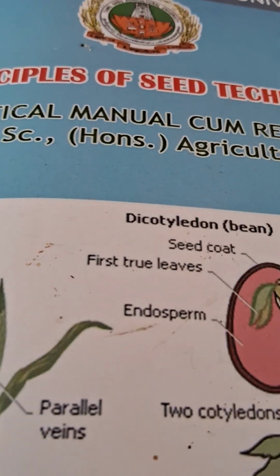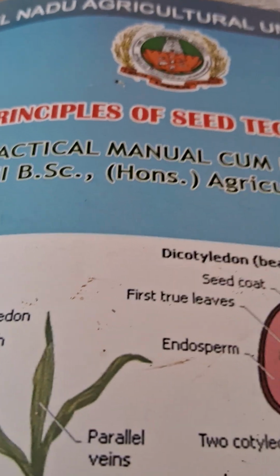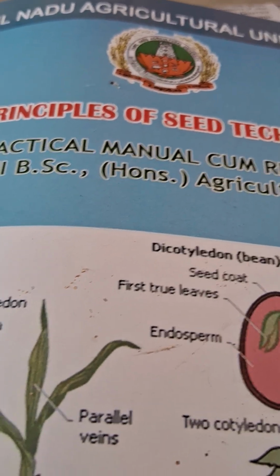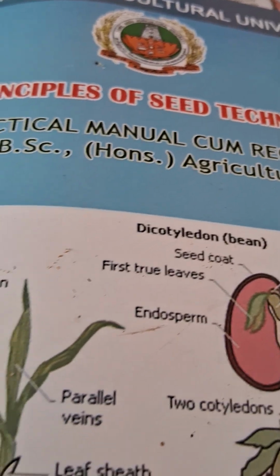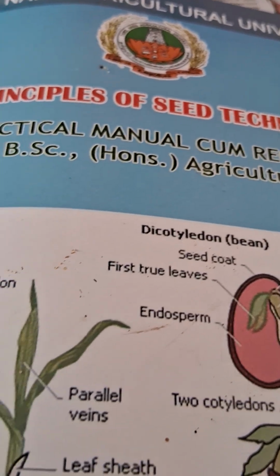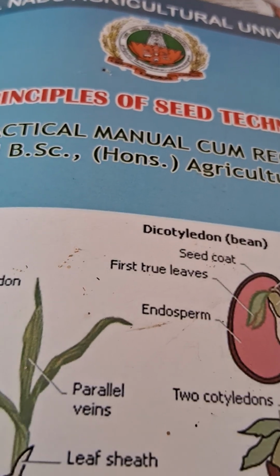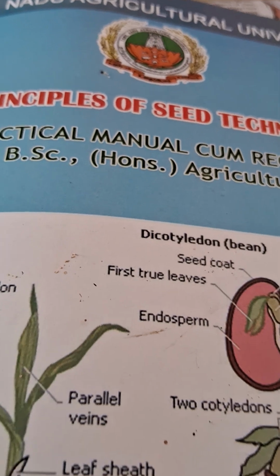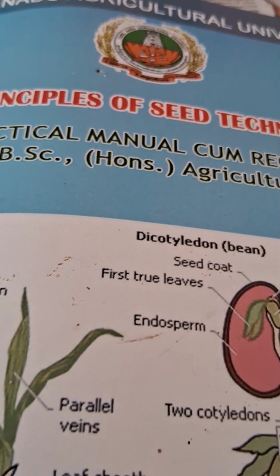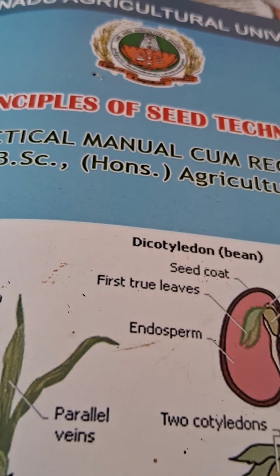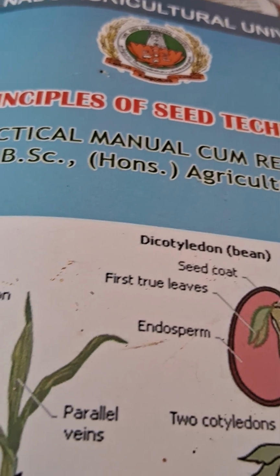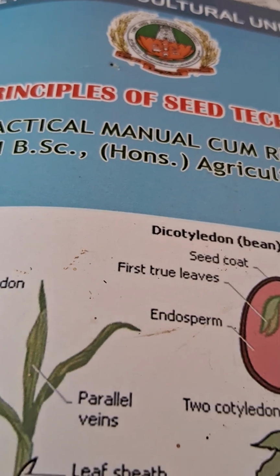But for the seed, if you store it for a longer period, you should use a proper new container. Grain can be stored in once-used gunnies, but seed cannot be stored in once-used gunny. You store the seeds in a new container like gunny bag or cloth bag, and for example high quality vegetable seeds should be stored in a moisture vapor proof container.